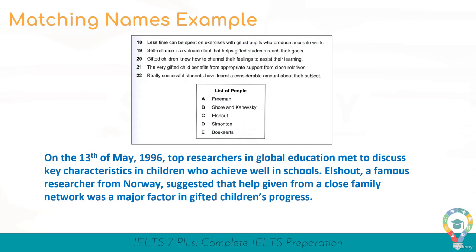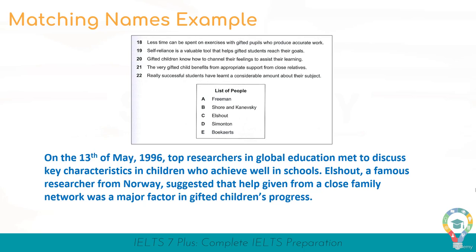On the 13th of May 1996, top researchers in global education met to discuss key characteristics in children who achieve well in schools. Elshout, a famous researcher from Norway, suggested that help given from a close family network was a major factor in gifted children's progress.